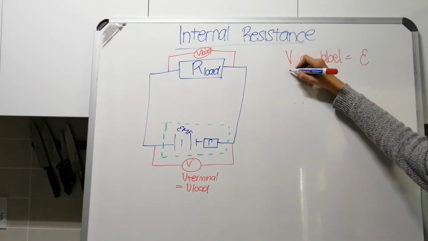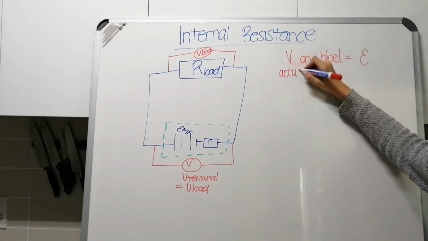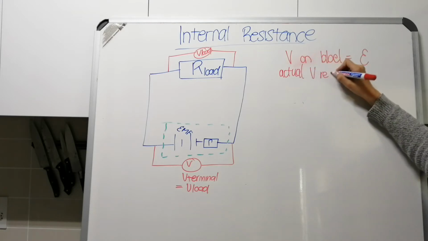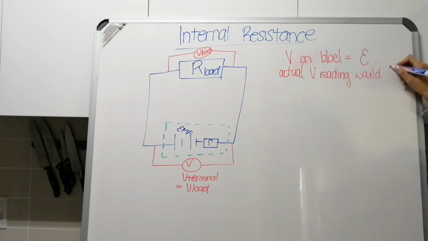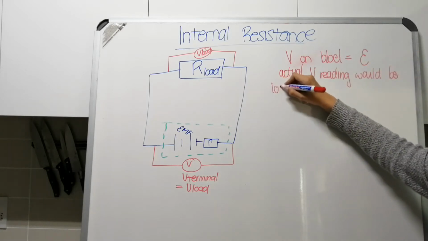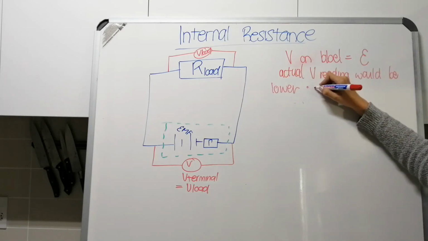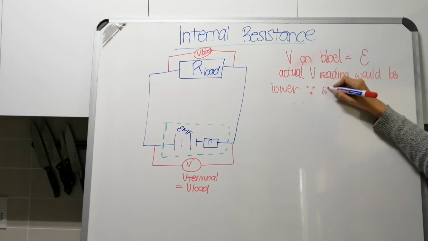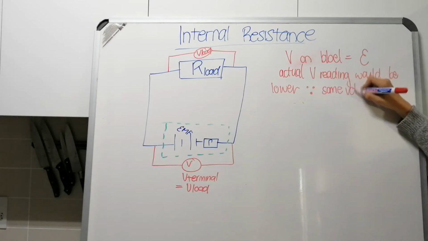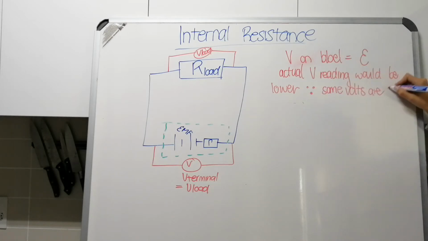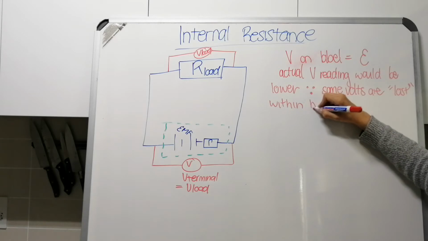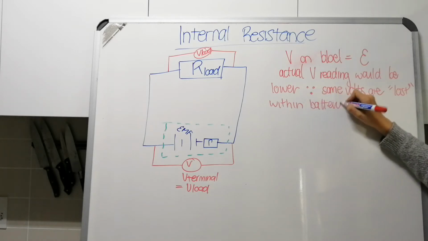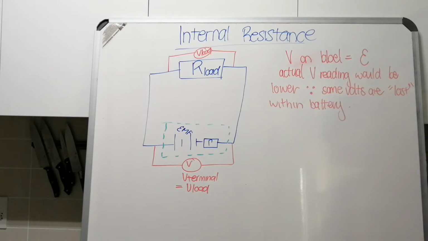So the actual V reading would be lower, and the reason for that is because some volts are lost within the battery itself. Some of that energy is being used up within the battery, and we call those the lost volts.